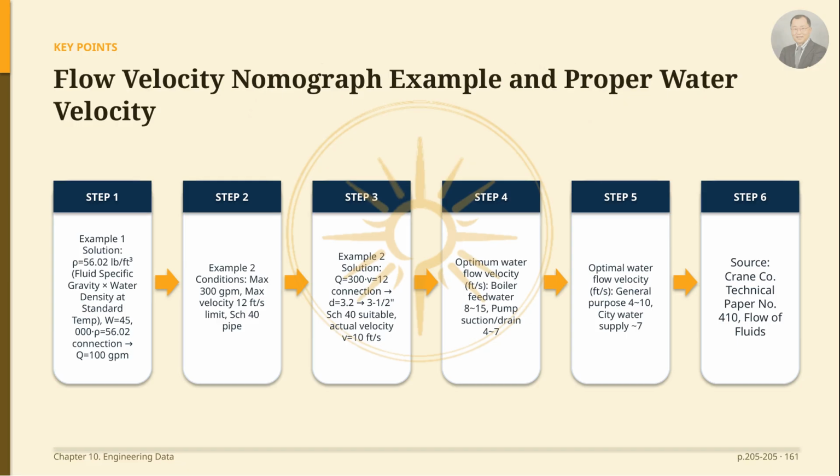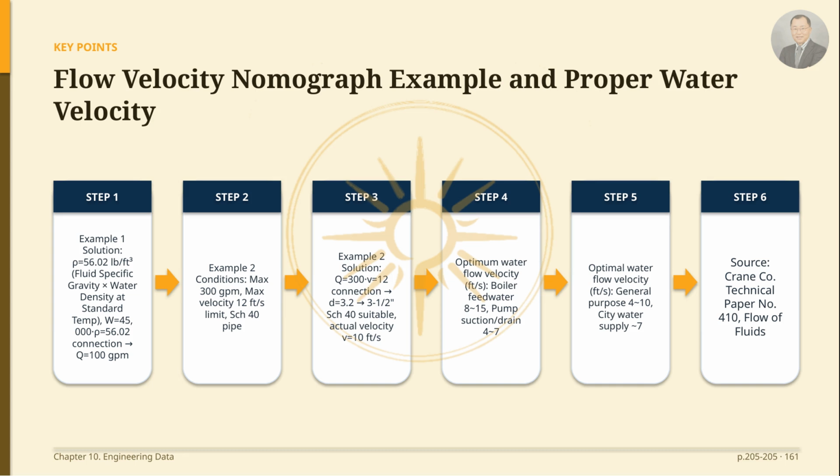The conditions for example 2 are a maximum flow rate of 300 gallons per minute and a maximum velocity limited to 12 feet per second using a Schedule 40 pipe. Connecting Q of 300 and a velocity of 12 gives an internal diameter D of 3.2, leading to the conclusion that a 3.5 in Schedule 40 pipe is suitable, with an actual velocity of 10 feet per second.